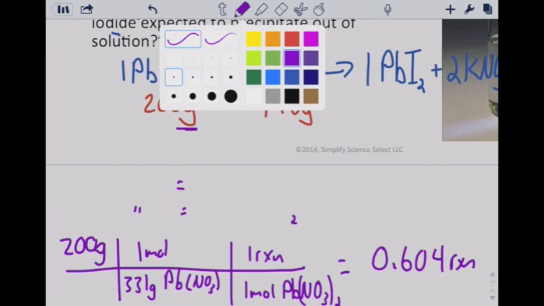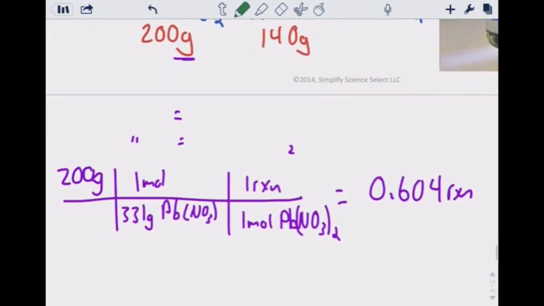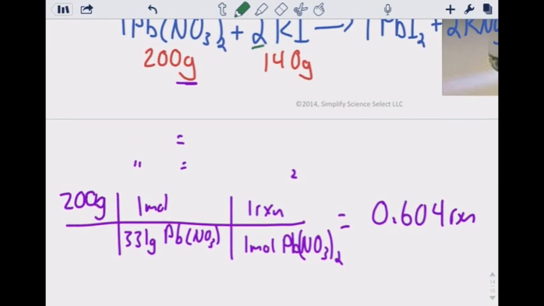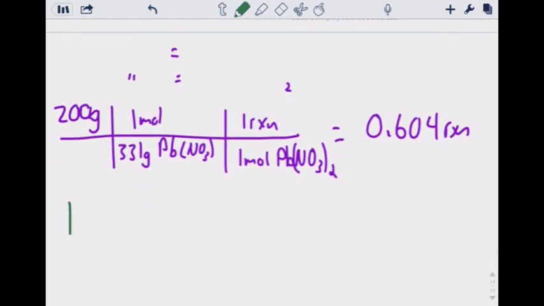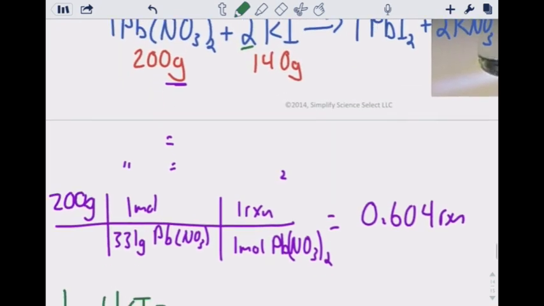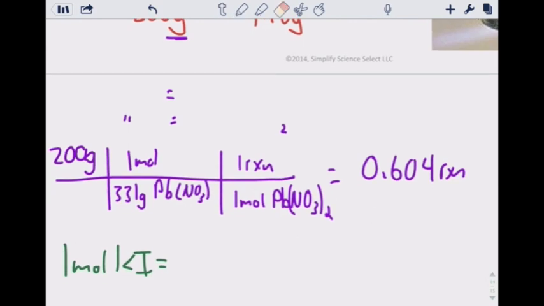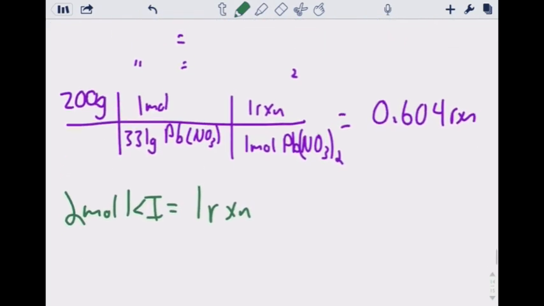Pick a new color. So we'll do green. And then we take it. We know that there are 2 moles in 1 reaction. So 1 mole of potassium iodide equals, 2 moles, not 1, 2 moles in 1 reaction. And then we start with grams, so we need molar mass.